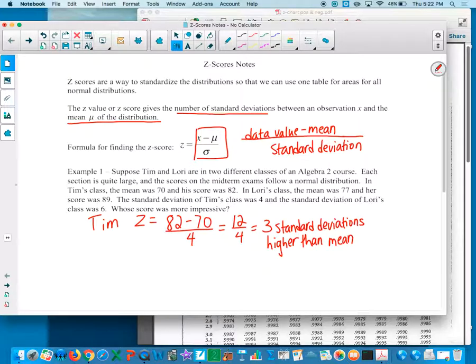And then in the other class, Lori's class has a mean of 77 and her score is an 89. That class had a standard deviation of 6.